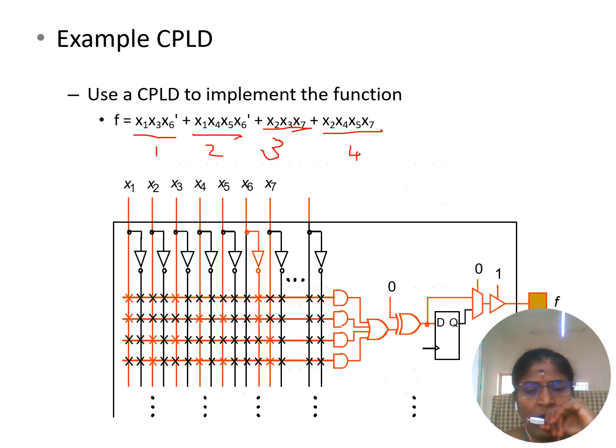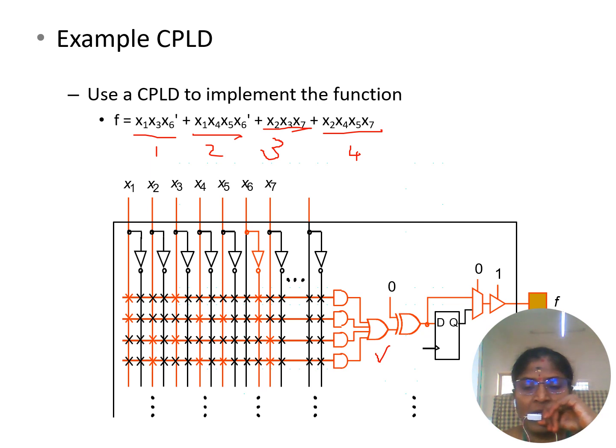So these are programmable. Now the OR gate output is connected directly. Now you have a macro cell. In the macro cell, if the inputs are different, the output will be 1, and if it is the same, the output will be 0.